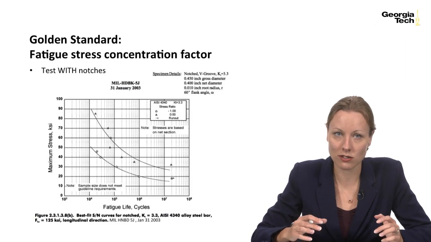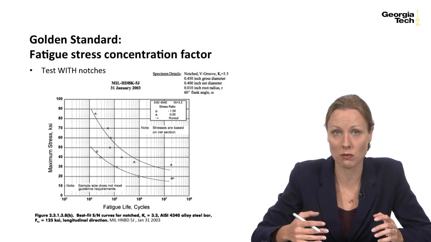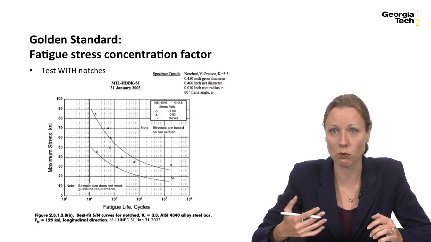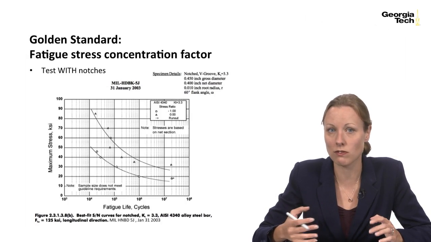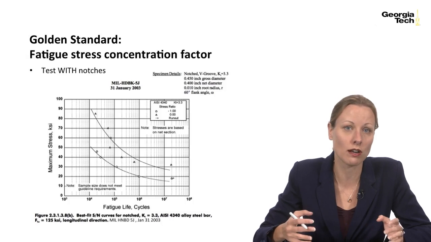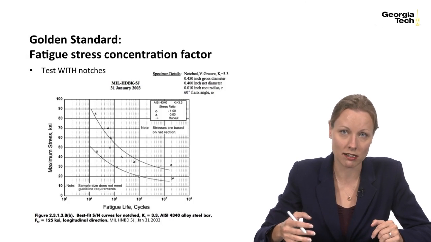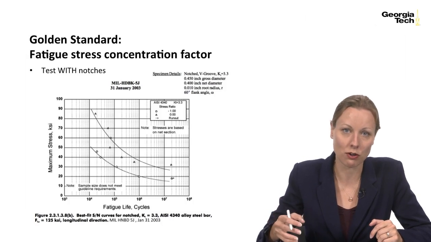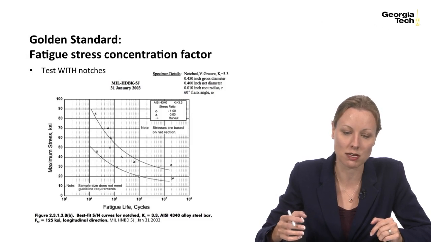The golden standard always in fatigue is to test, and so if you look at Mil Handbook 5J, what you'll find is they've run a bunch of tests with notches on the specimens for various metals. So sometimes you can actually find test data for a specimen with the geometry of your component, and that stress concentration factor is then built in.